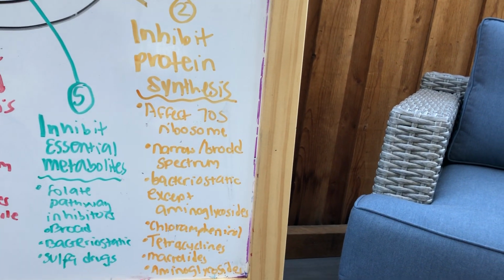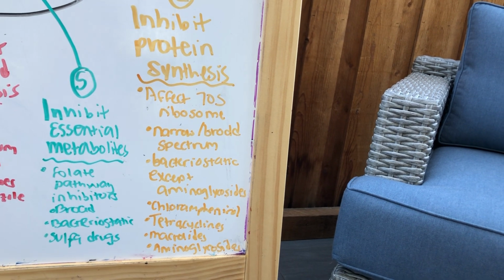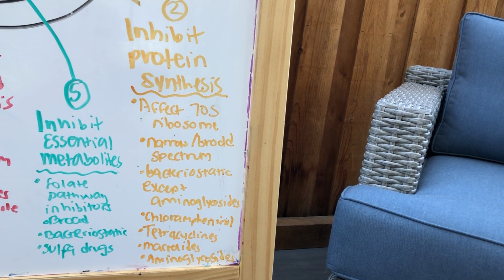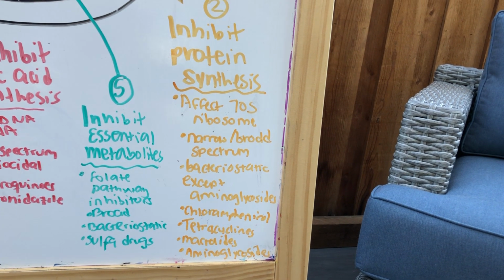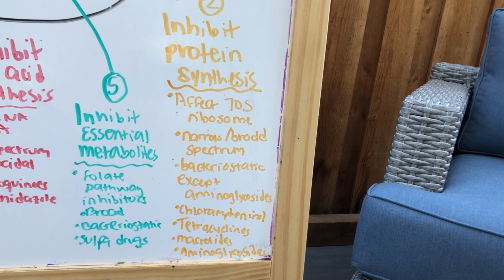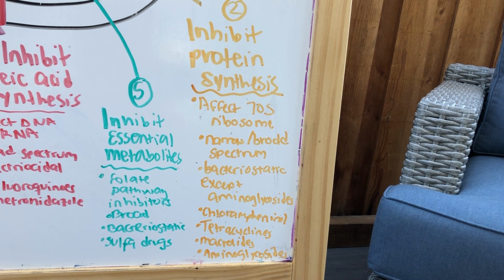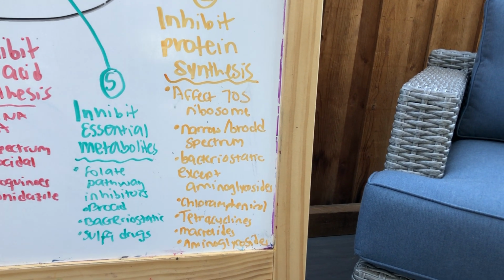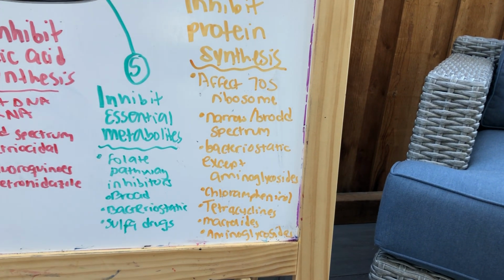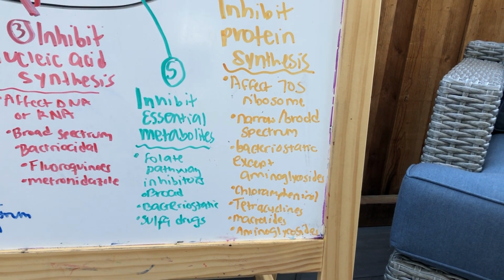Some of the drugs in this class are narrow spectrum, some are broad spectrum. These drugs are bacteriostatic, meaning they stop bacteria from further growing. They do not kill the bacteria, but by blocking translation and affecting the ribosome, you slow down the growth of bacteria, which is great because then your immune system can come and really get at the bacteria.